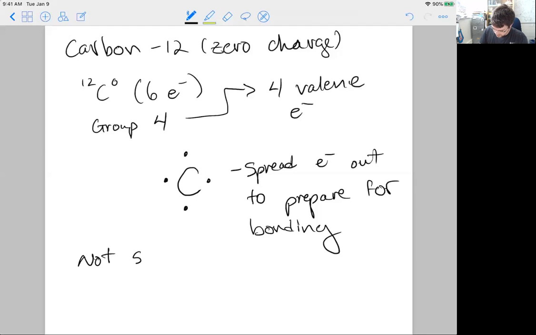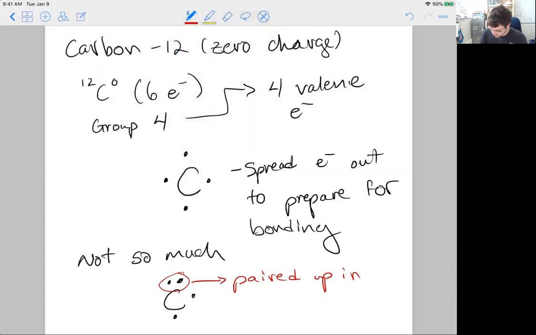as opposed to this alternative, which isn't so incorrect, because if we're thinking about the atom sitting by itself, maybe you want to say that 2 of the electrons are paired up in the s orbital. The s orbital is lower in energy than the various p orbitals, so we could put one in each of the p orbitals, so we have 2 electrons sitting by themselves, but then 2 electrons paired up in that s orbital.